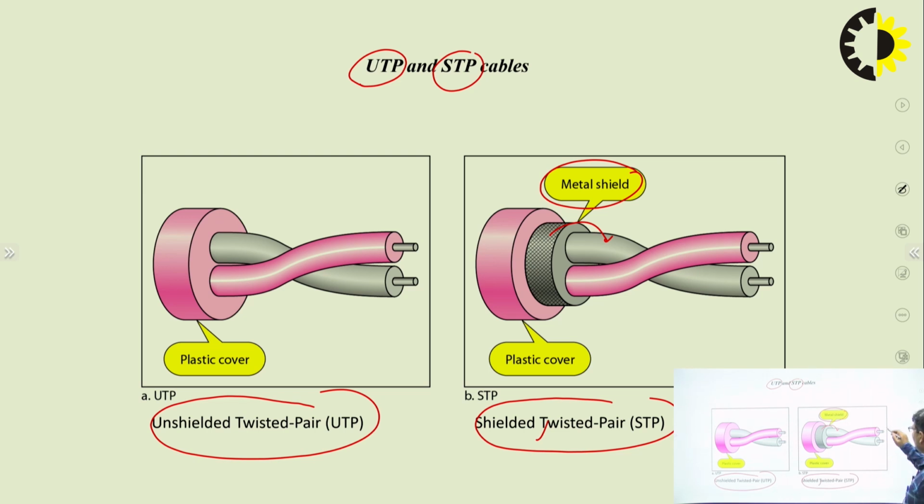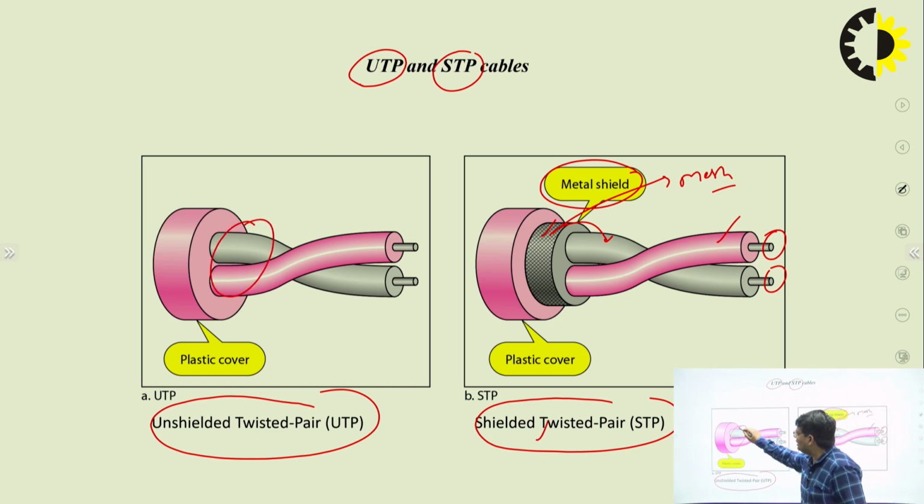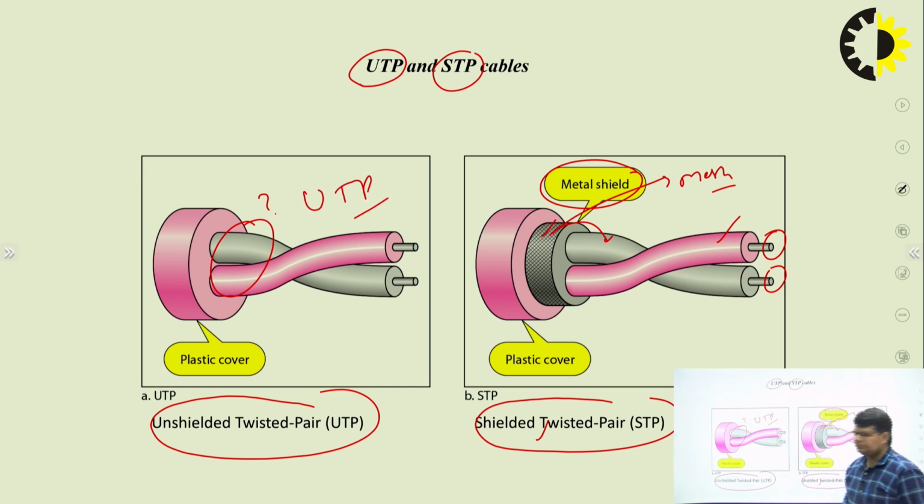We have a pair of conductors covered by insulating material, and a metal mesh or metal shield over the insulating material of the twisted pair wire. So here we have the shield, and here no metallic shield is present. That's why this is called unshielded twisted pair, UTP.